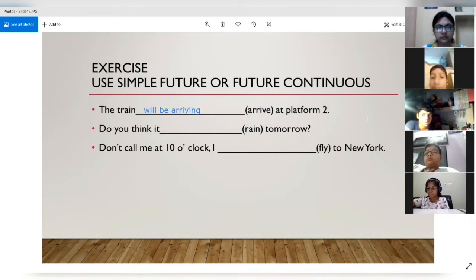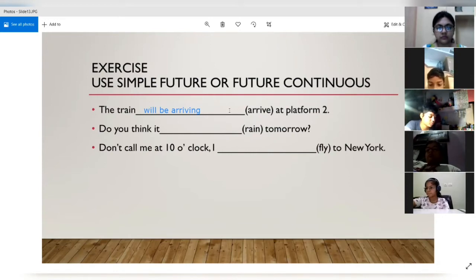Sir, because it is fixed that the train will come at platform 2. Yes. This is some sort of a routine, because trains usually come on the same platform, right? So this is a sort of a habitual or routine action going on. All right. So that is why we are using will be arriving. Okay.